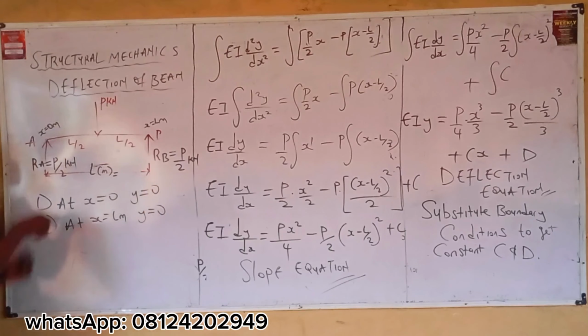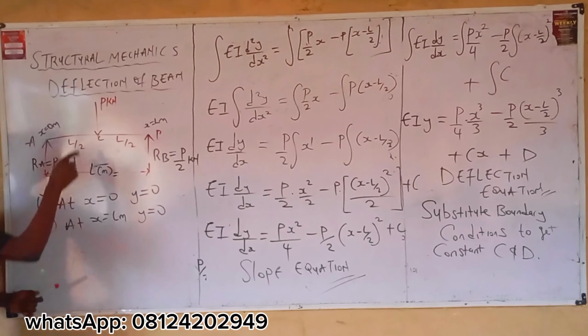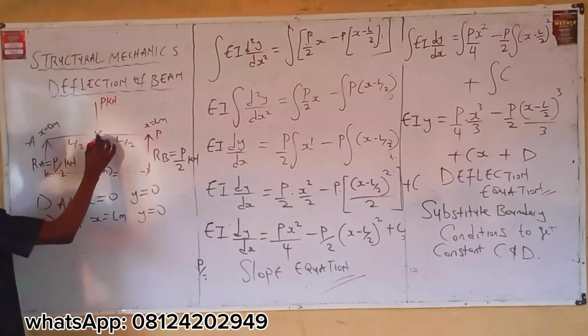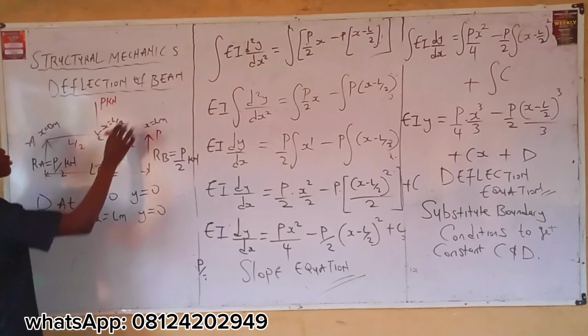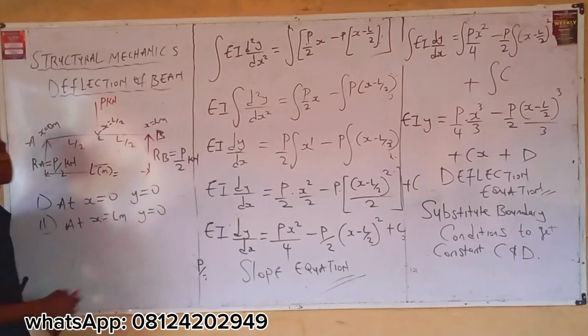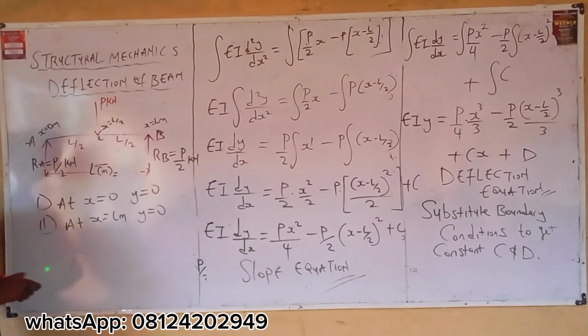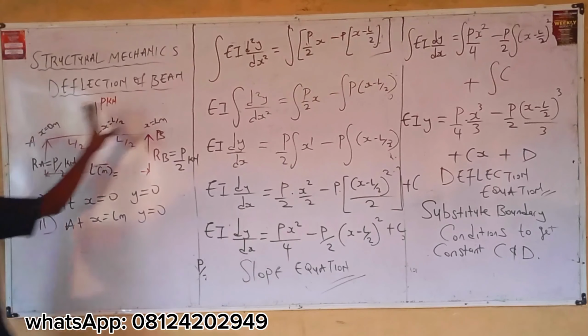Are you getting the idea? At point A, let me call this place point C. At point A, what's the value of x? 0 meter. At point C, x equals L over 2. At point B, x is L meter. So you are using the initial one and the final one.